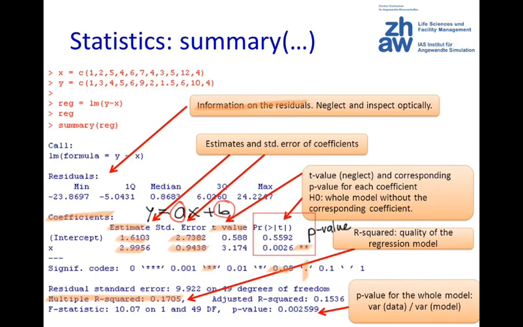Nevertheless, you have a significant slope or significant correlation, which however is just not too high. Again, here you see the p-value of the whole model, which corresponds to some kind of ratio between variances of the whole data and the variance that you reduce within the model.